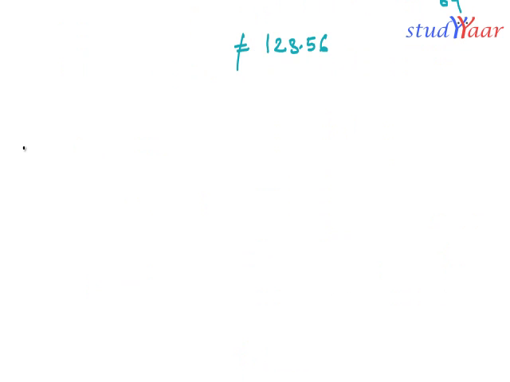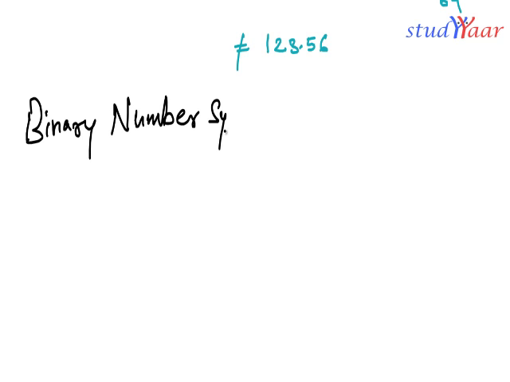Now let's look at binary number system. Okay, what is a binary number system? Binary number system is a number system having base 2. Okay, so my k is equal to 2. Okay, so what are the number of allowed symbols?